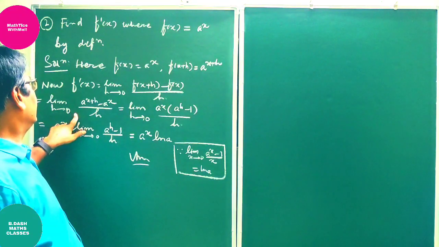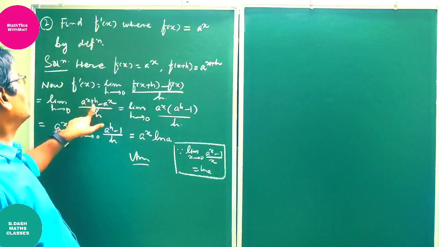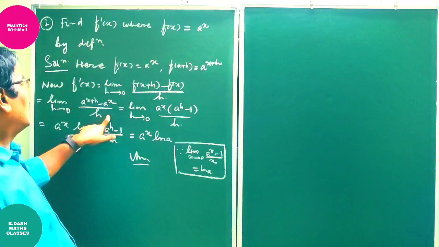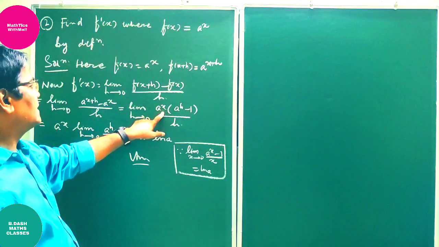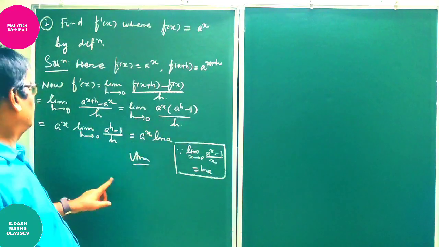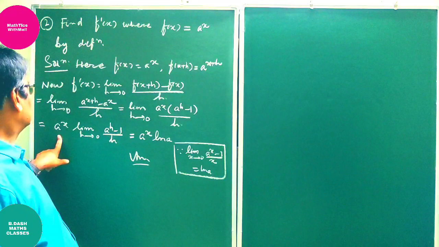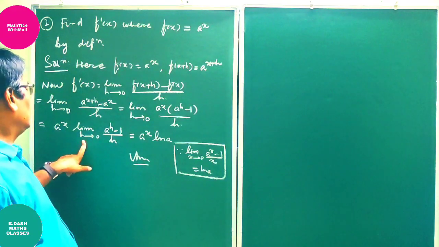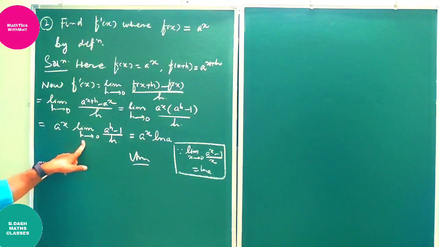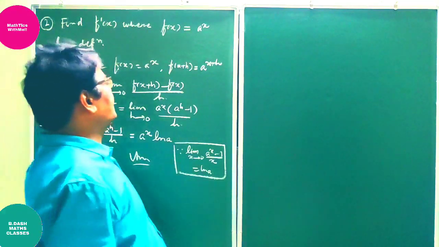Now limit h tending to 0, a to the power x plus h minus a to the power x divided by h. Now we can take a to the power x common, so that a to the power h minus 1 by h. A to the power x here, then limit h tending to 0, a to the power h minus 1 by h, which is equal to ln a.